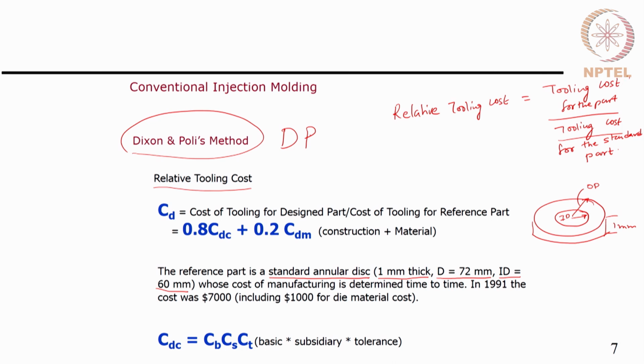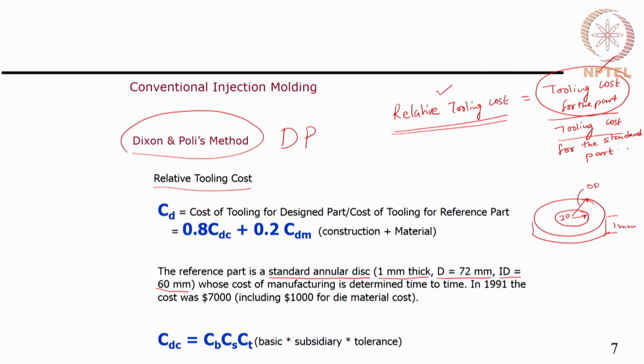We need to estimate the tooling cost for the given part. To do this, we estimate this relative tooling cost instead of estimating the tooling cost directly. Once the relative tooling cost is obtained, the tooling cost for the part is the relative tooling cost multiplied by the tooling cost for the standard component.